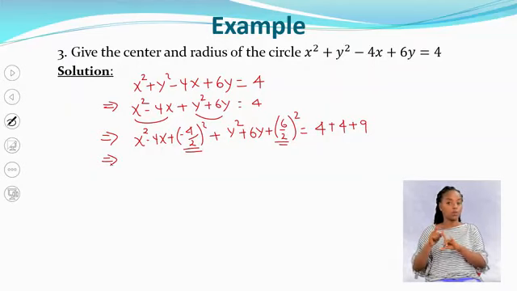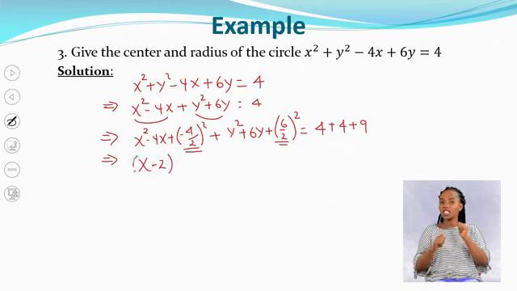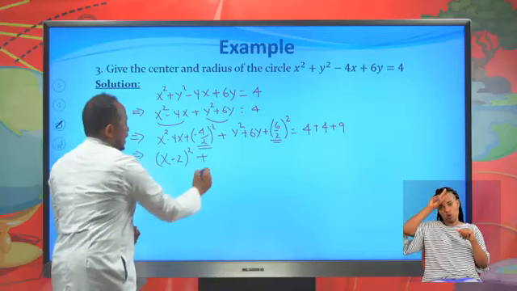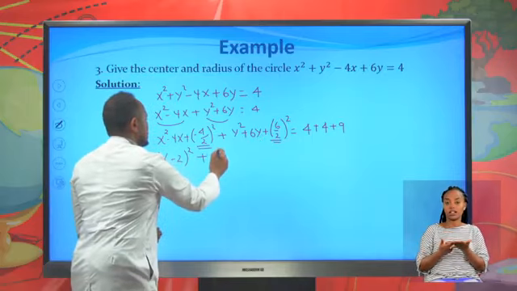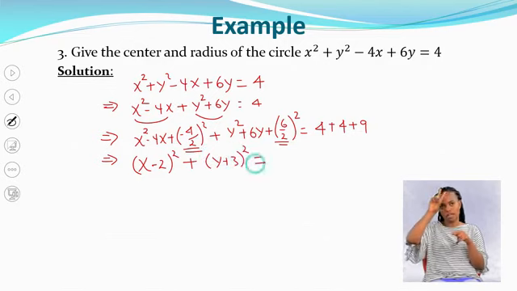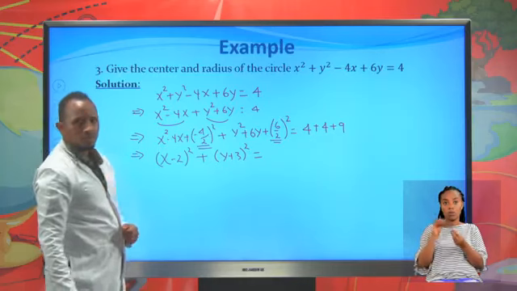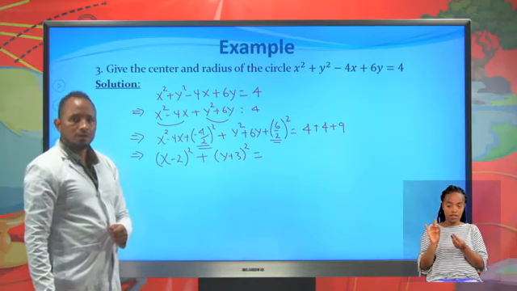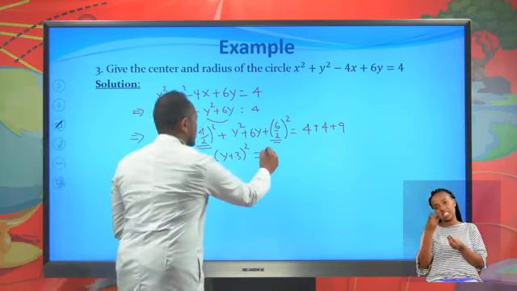Therefore, you will have (x minus 2) the whole squared, plus (y plus 3) the whole squared, equals 4 plus 4, which is 8, 8 plus 9 is 17.